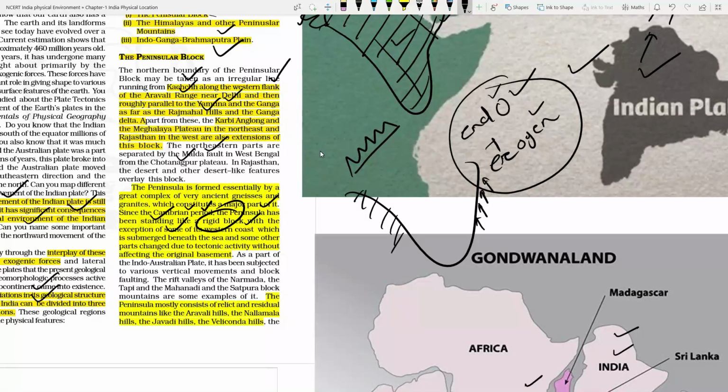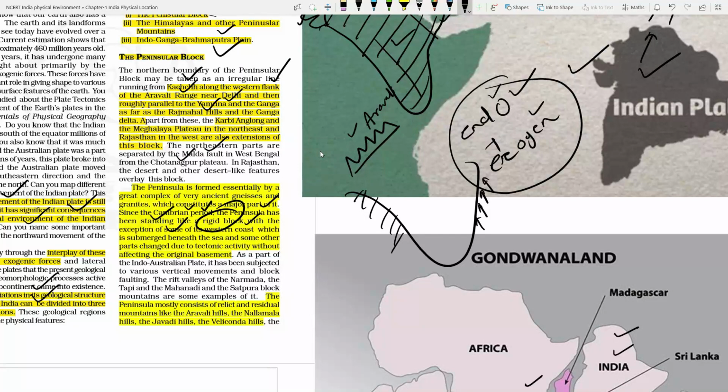We can say from the very formation of the earth, after a few million years only, Aravalli was formed. And अरावली जो presently exist करता है, that was having an altitude more than the Himalayas. ठीक है ना, उतना ज़्यादा हाइट था at that time.